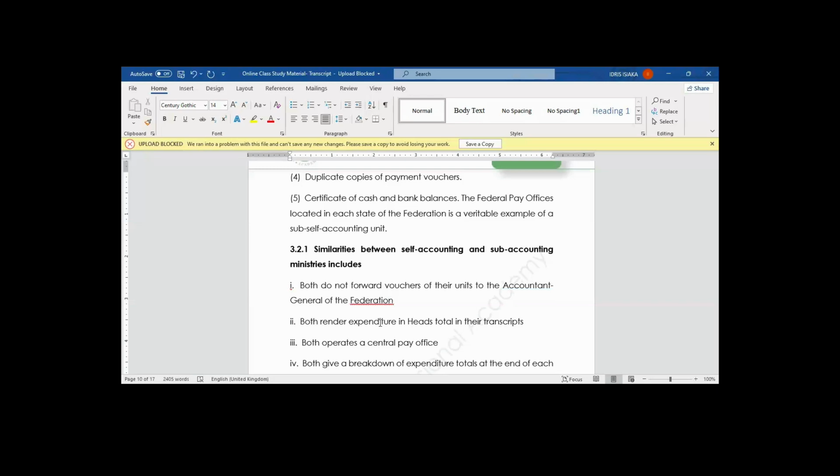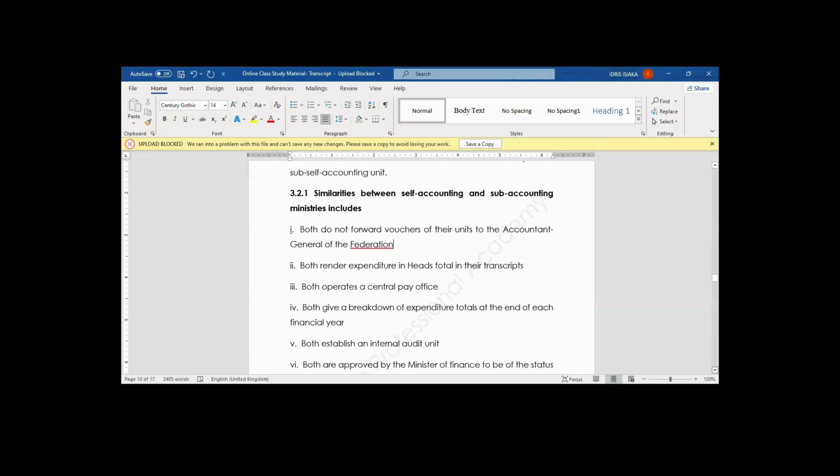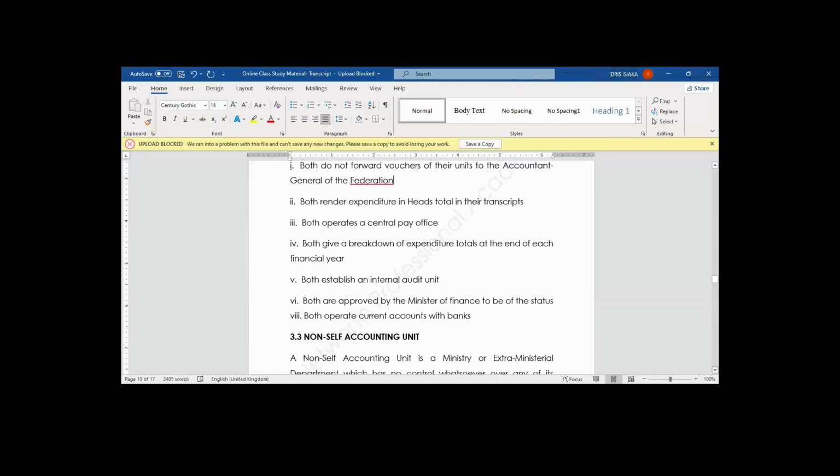They always forward their transcripts. Both of them render expenditure into heads total in their transcripts. Both of them operate a central pay office. Both of them have internal audit units.